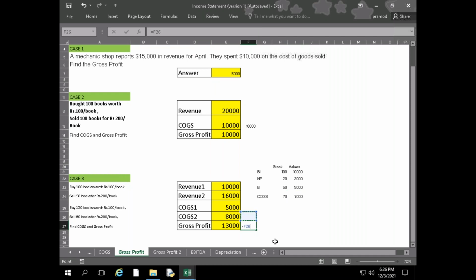Equals revenue plus revenue 2 minus COGS minus COGS 2. Okay, sir. Only revenue we should add. COGS anyhow we have to minus now, sir. Okay.